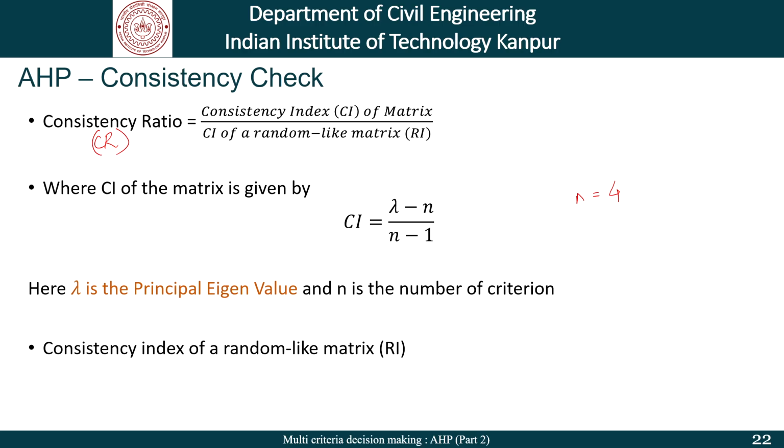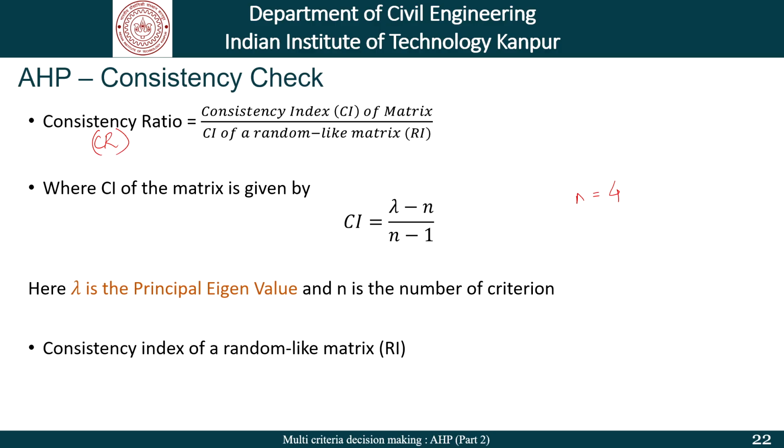Now, we try to compare the consistency index of the matrix with the consistency index of a random-like matrix. The idea of a random-like matrix is that for these 4 criteria, we have just created a random matrix. We have not asked any decision maker for their preferences. We have just created a random matrix with random numbers.